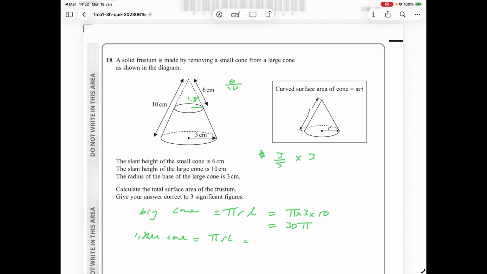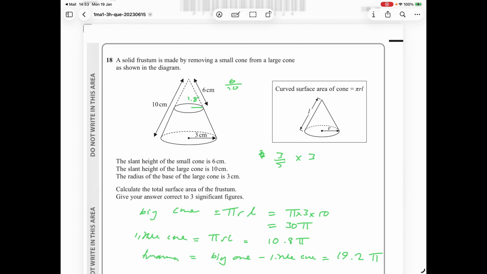So 1.8 times 6 equals 10.8. And so the frustum equals big cone minus little cone, which equals 30 minus 10.8, which is 19.2 pi.